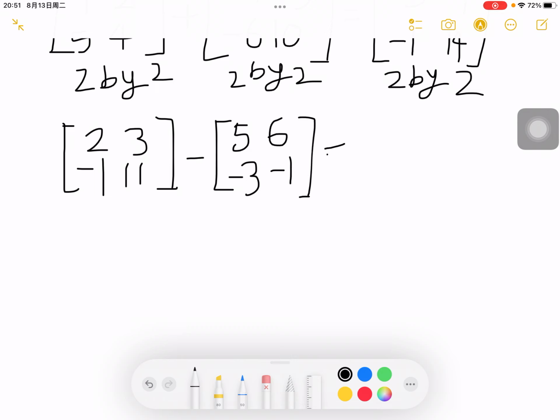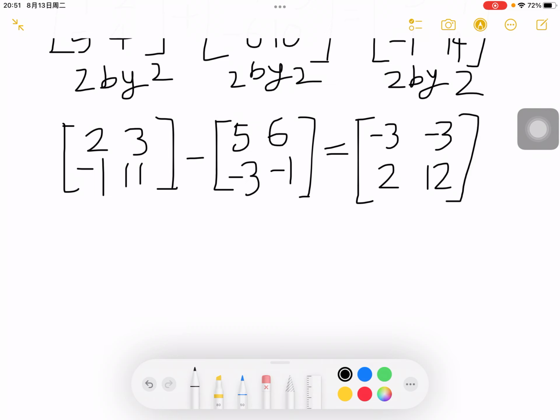So our intuition is just to subtract: 2 minus 5 gives us negative 3, 3 minus 6 is negative 3, negative 1 minus negative 3 is negative 1 plus 3, that's 2, 11 minus negative 1 is 11 plus 1, which is 12. So this is our answer, and in fact your intuition is correct.